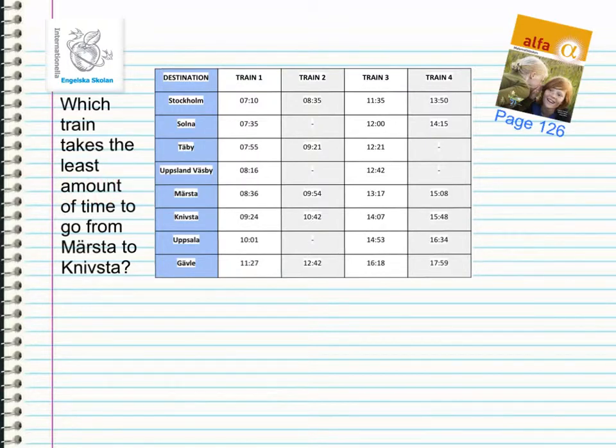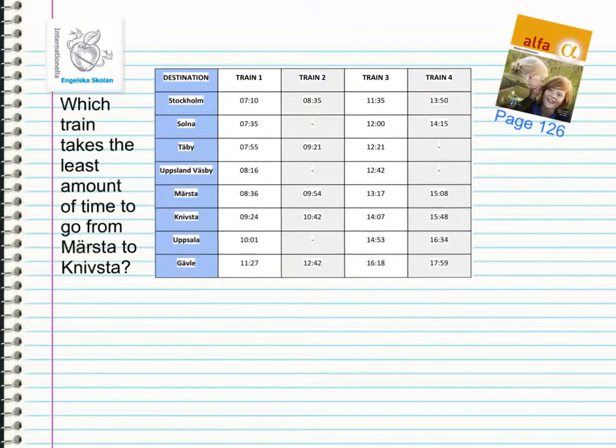So we're going to have to do some working out. Now, it's important to remember that when we are using time, we can't use the vertical methods very well. And this is because in time, we only have 60 seconds in a minute and 60 minutes in an hour.